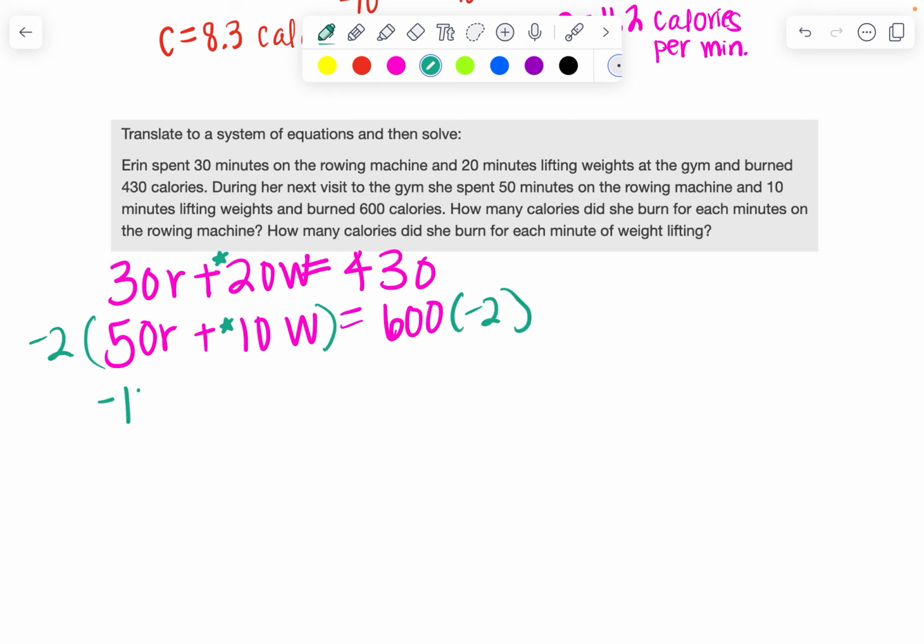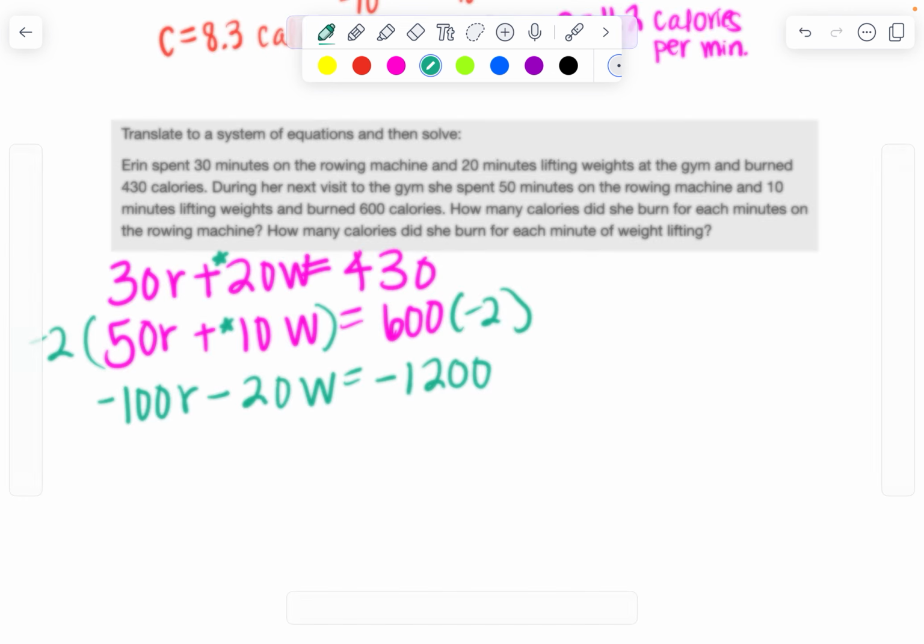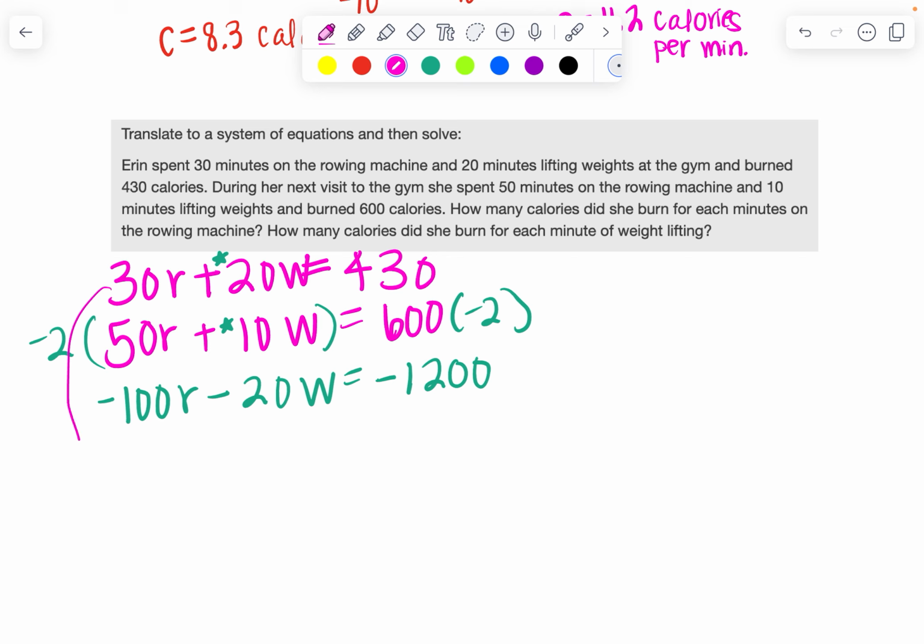So then that becomes negative 100R minus 20W equals negative 1,200. And then I still have this equation, 30R plus 20W is 430.